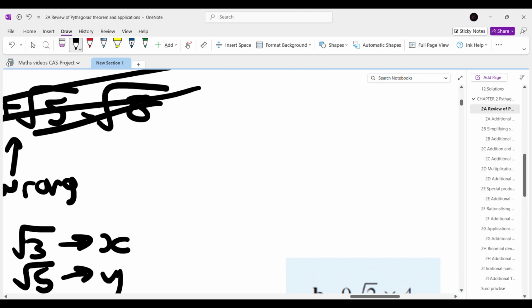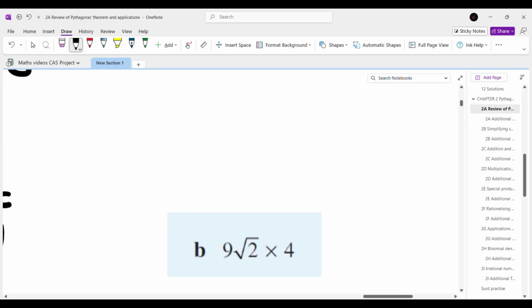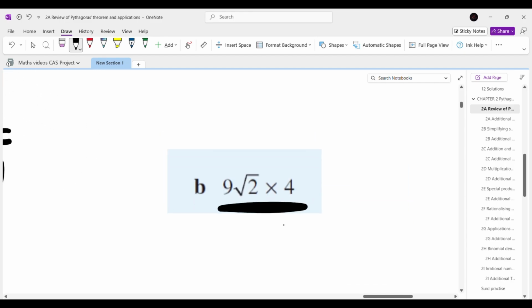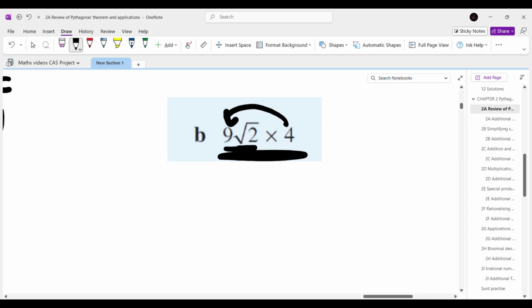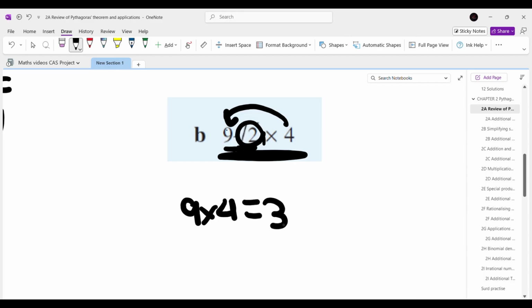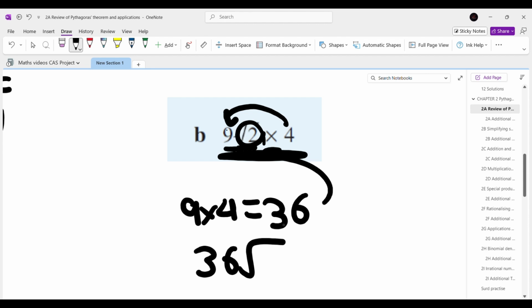When you have numbers in front of roots, for example in this equation, 4 multiplied by the 9 root of 2, this actually just gives us more of the root of 2, because you have 9 times 4, so 36, and the answer to this would be 36 root 2.